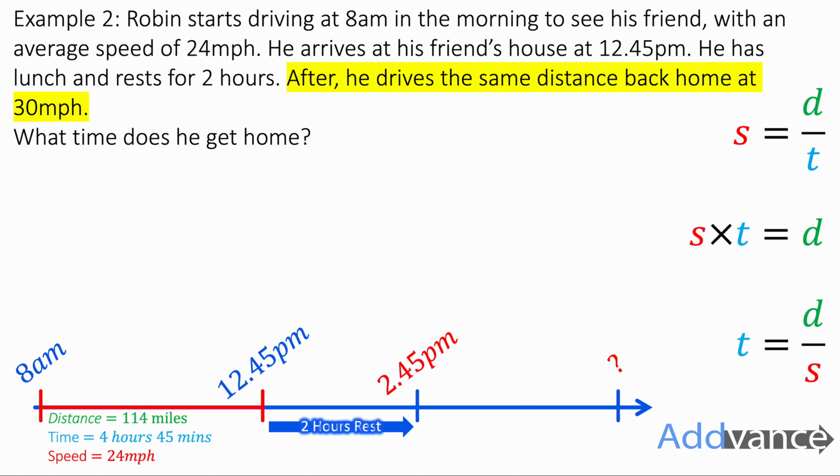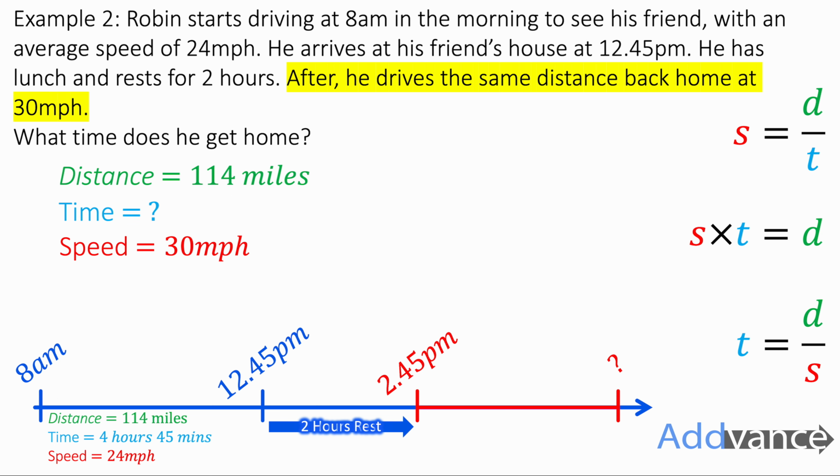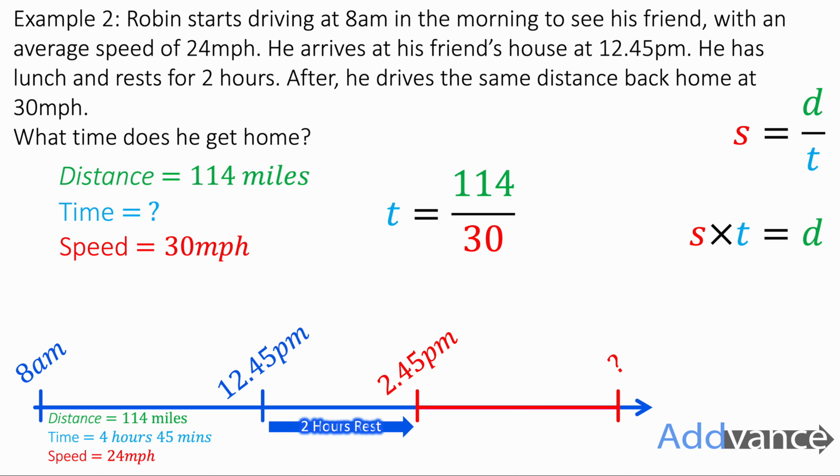He then travels the same distance back home at 30 miles per hour. So we're going to use the time equation. Time is distance divided by speed. Distance is 114 miles, and the speed he's travelling is 30 miles per hour.